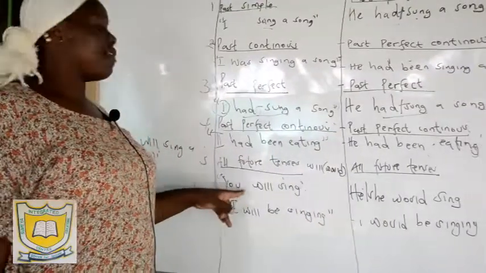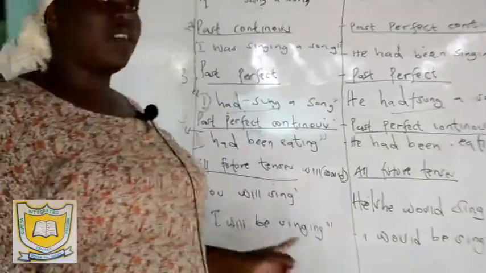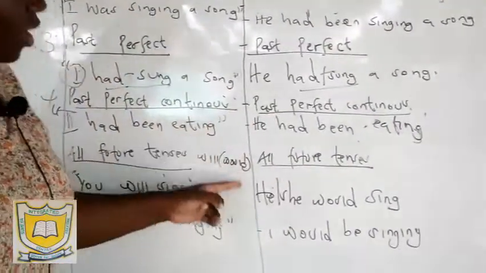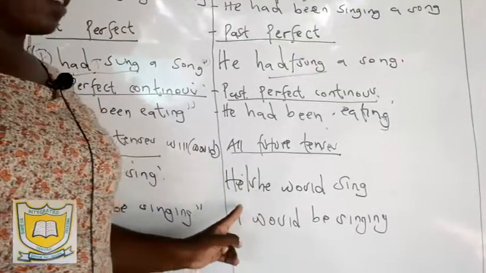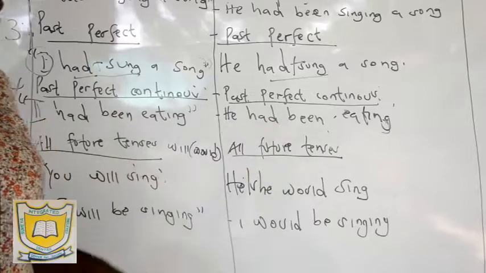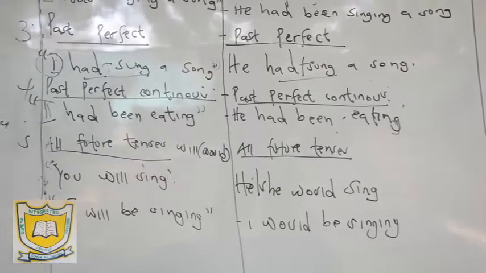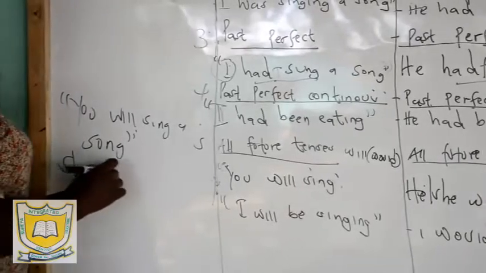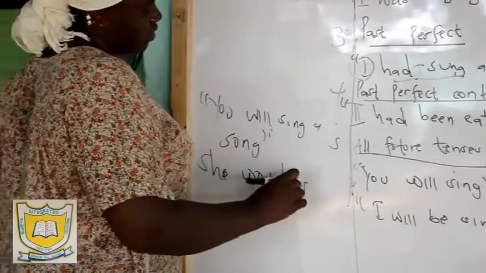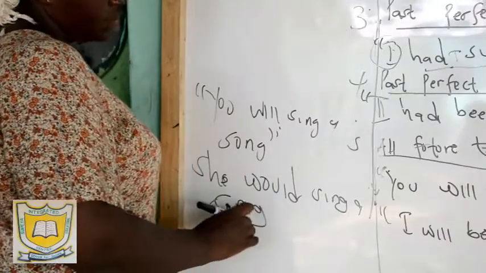So in my simple future tense, you will sing a song, I'm changing you in the indirect speech to he or she. And I said you change will to would. So I can say she would sing a song.